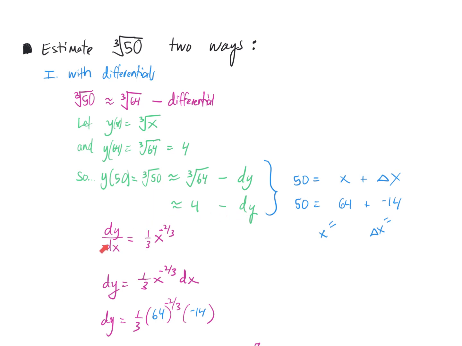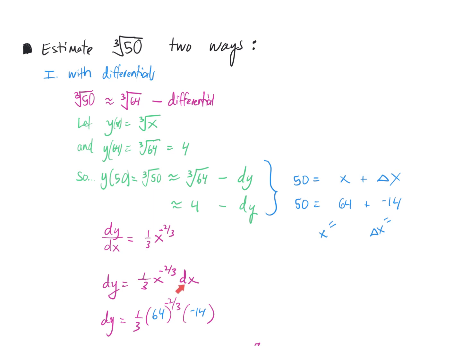So if y of x is equal to x to the 1/3, then dy/dx is 1/3 times x to the -2/3. Multiplying both sides by the differential dx, we get dy is equal to 1/3 x to the -2/3 dx.